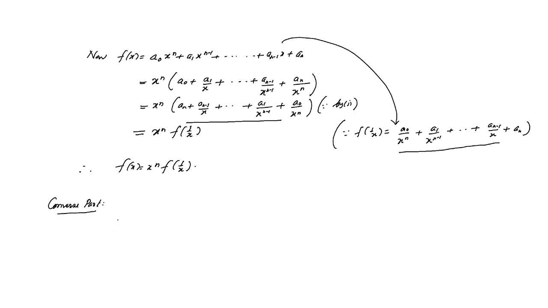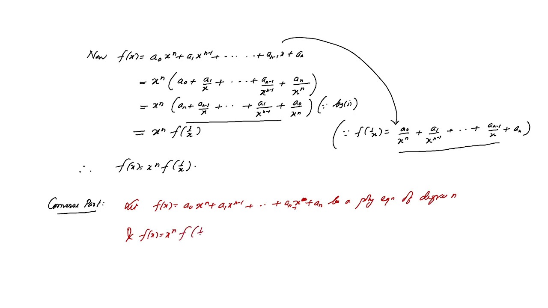Let f(x) equals a0 x to the power n plus a1 x to the power n minus 1 plus ... plus an minus 1 x plus an be a polynomial equation of degree n, and we consider f(x) equals x to the power n f of 1 by x.